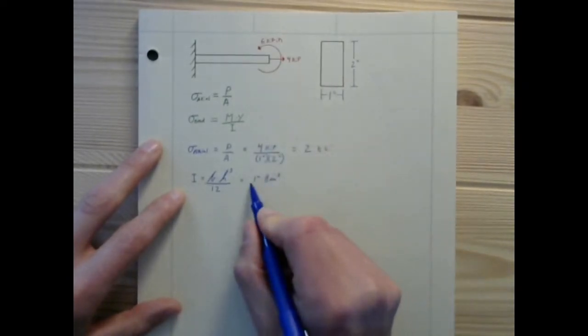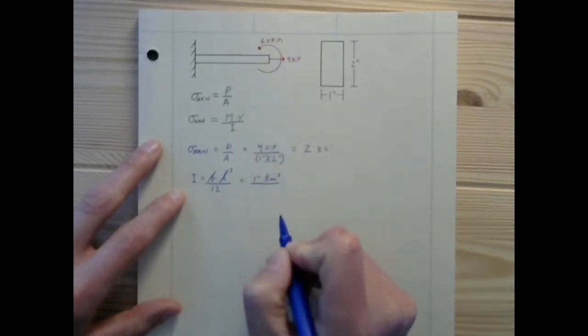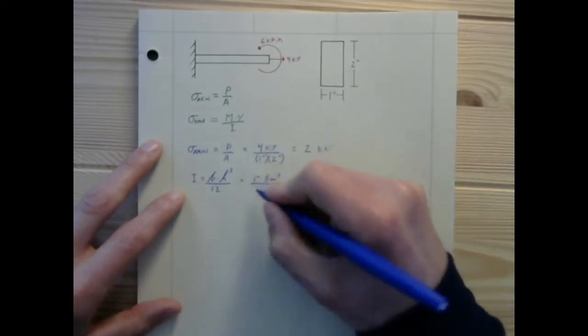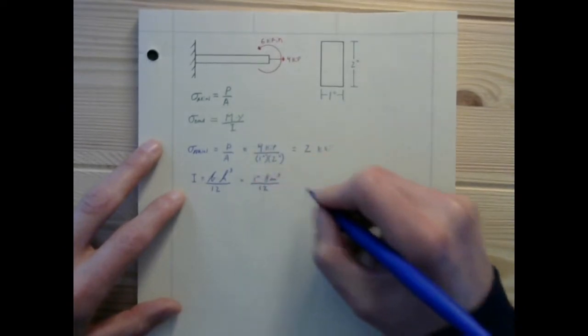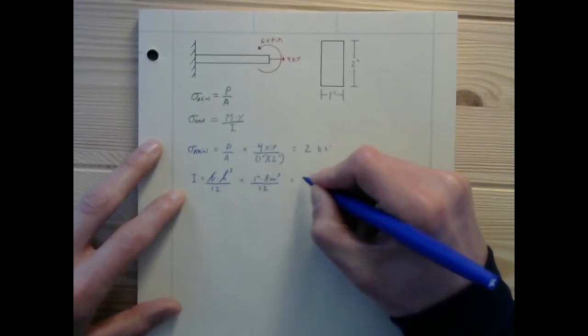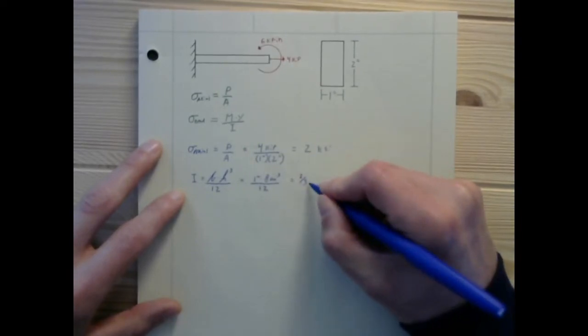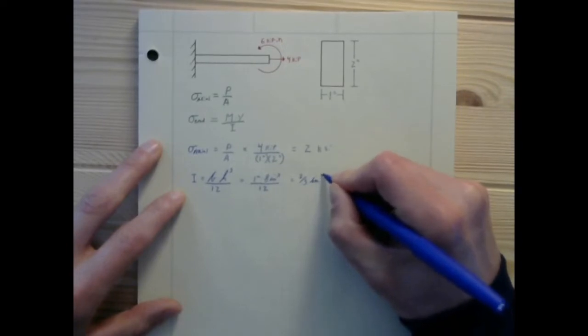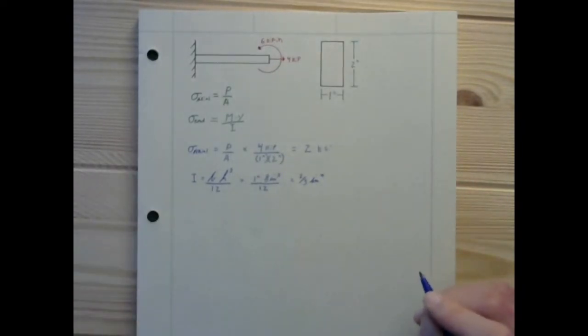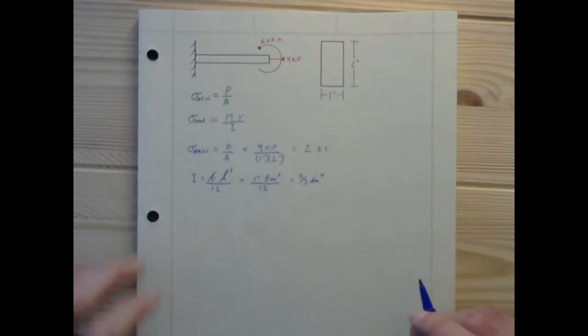Sorry for skipping that step. Presumably you can figure out what went on there. Divided by 12 is going to be 2/3 of a quartic inch. What a delightful unit.